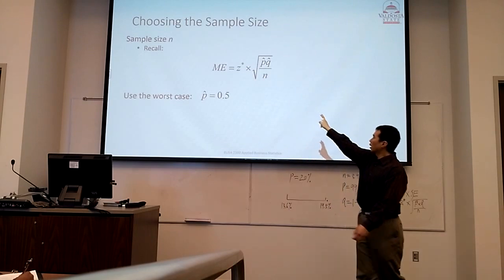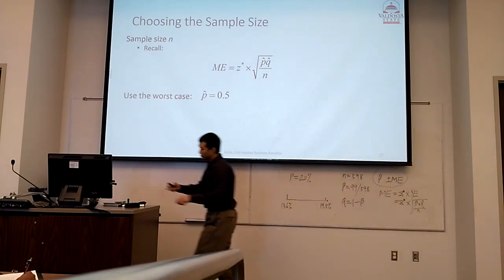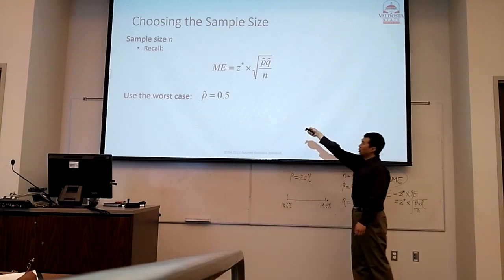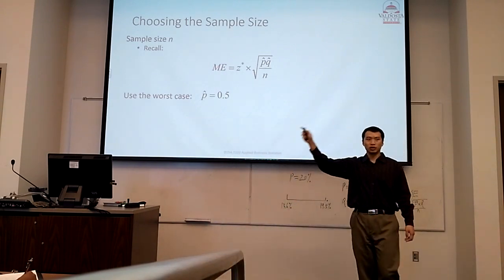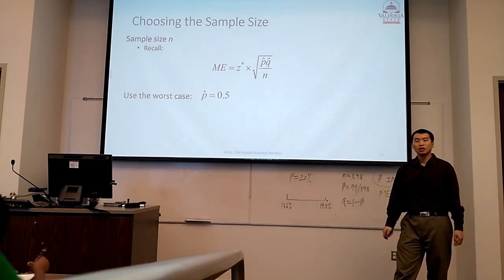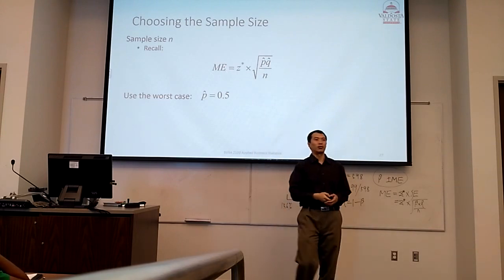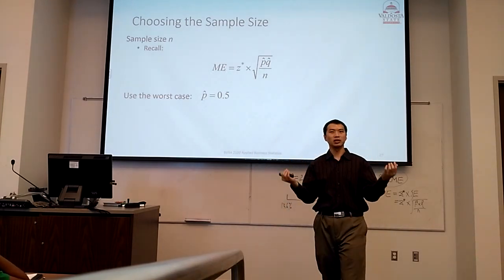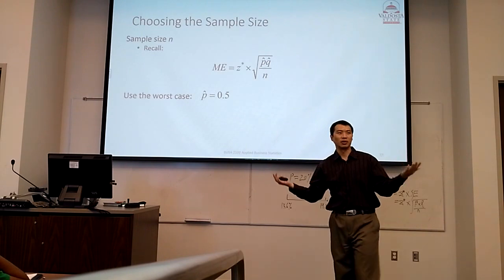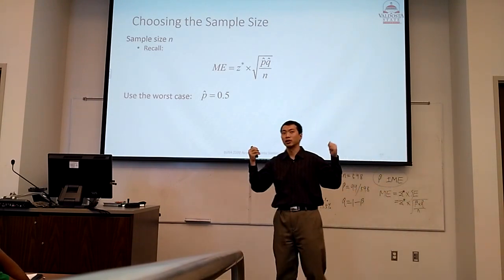When we want to determine our sample size, one thing we want to control is our margin of error. We must have a value for the margin of error, whether 3%, 4%, or 5%. That is your tolerance.